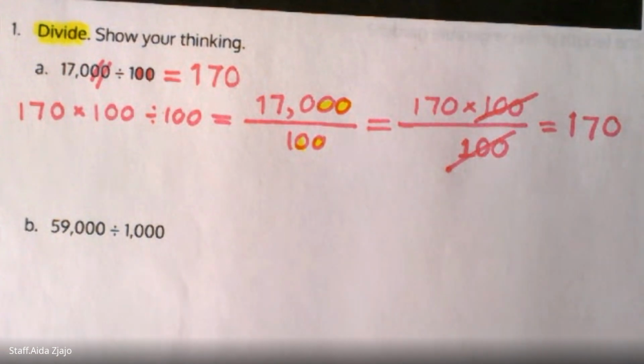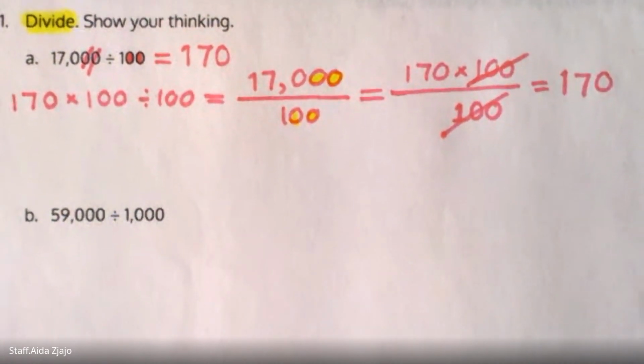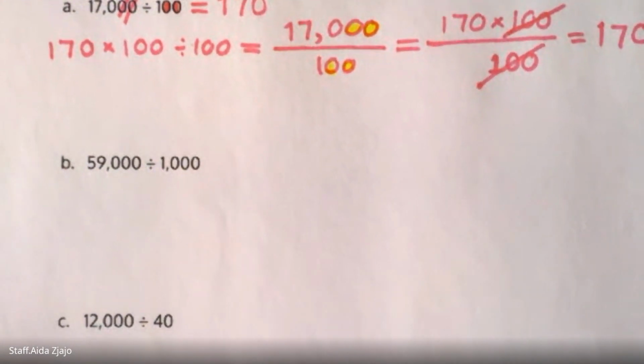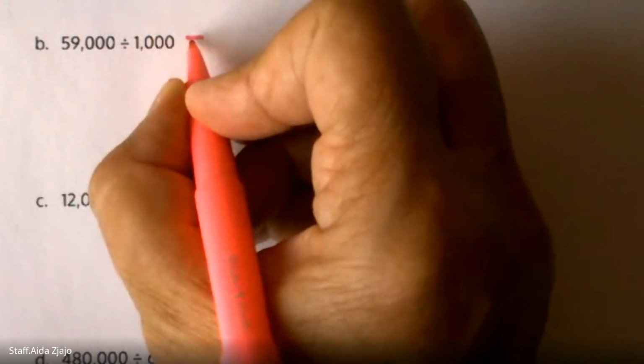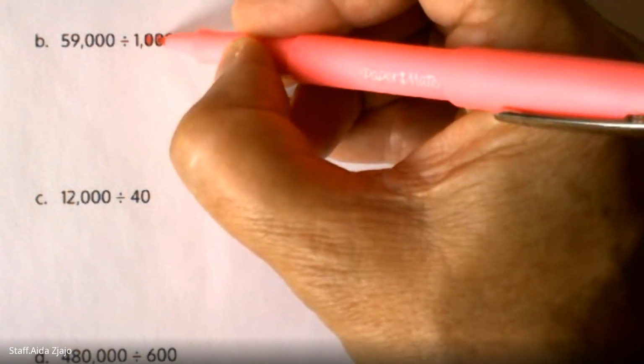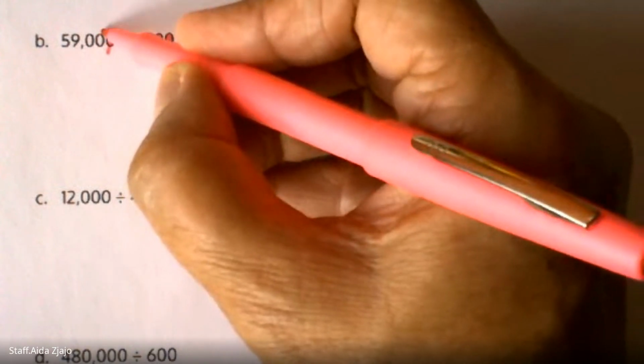So next, here you have 59,000 divided by 1,000. So if you look and do this, this is 3 zeros, it's division, so I'm going to lose the 3 zeros.